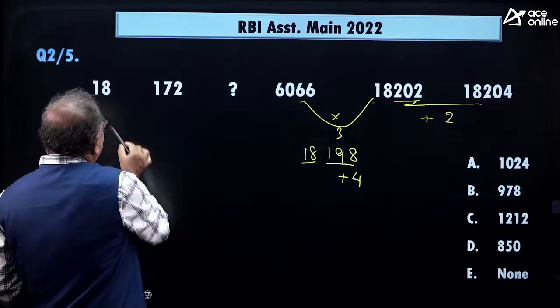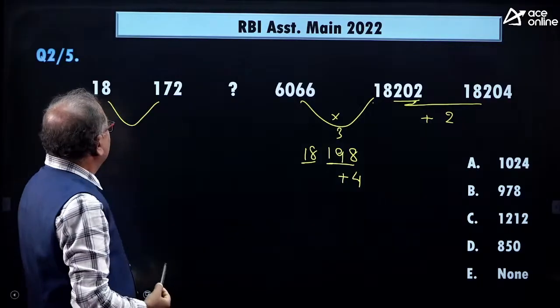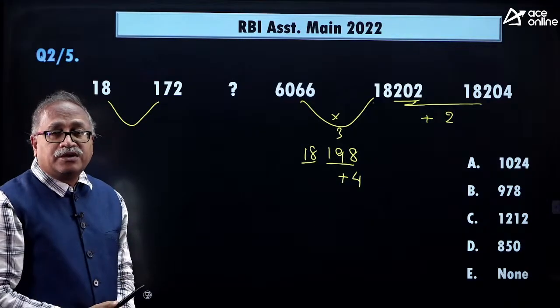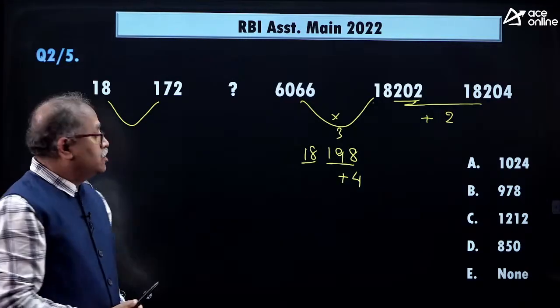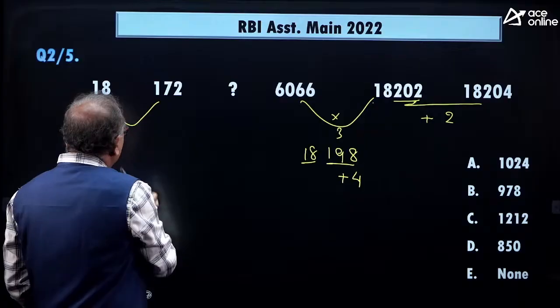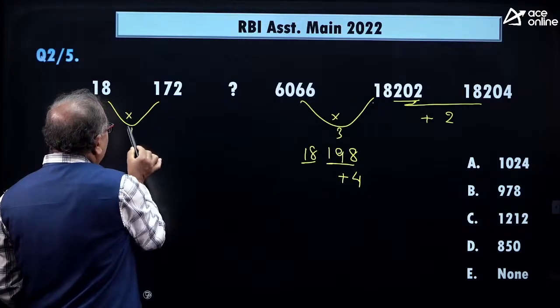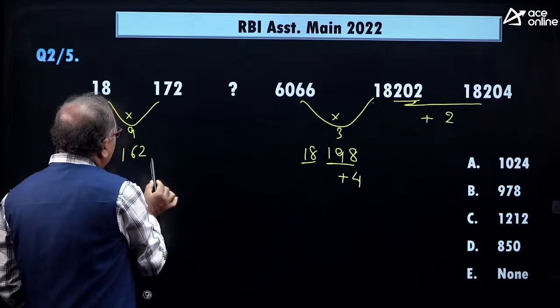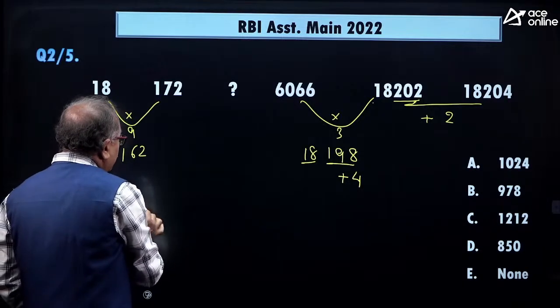What is here? So how many times? Will it be 9 times? So that is 162 into 9. That comes 162 plus 10.